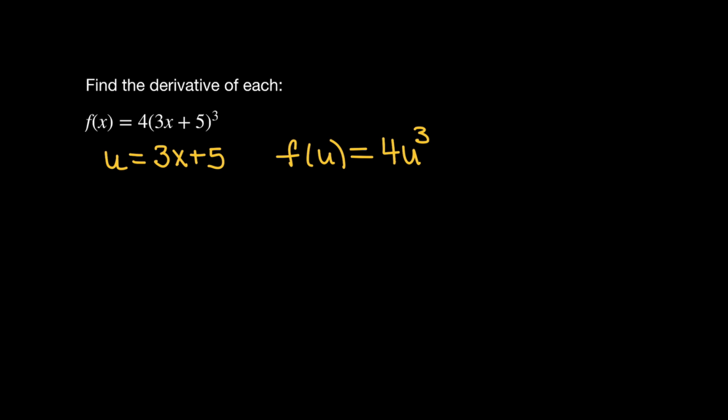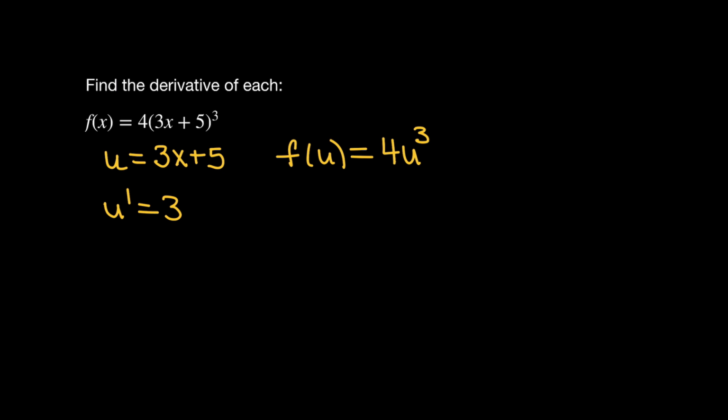So we can say that our inside function is u equals 3x plus 5. Then my outside function, if u is 3x plus 5, then f of u is 4 times u to the third. And so I can find the derivative: u prime is just 3.